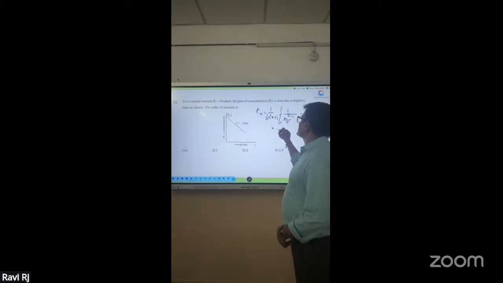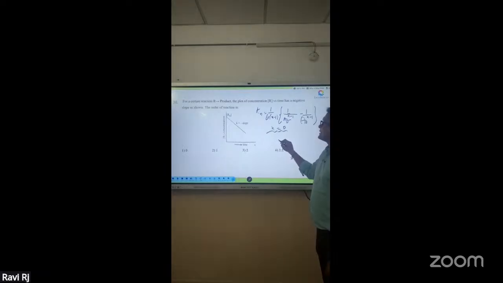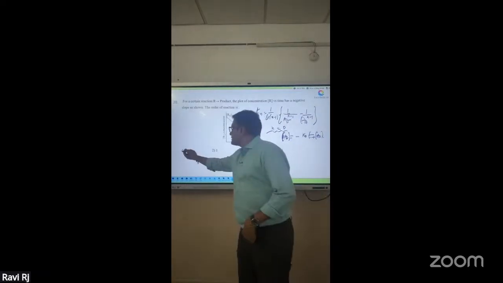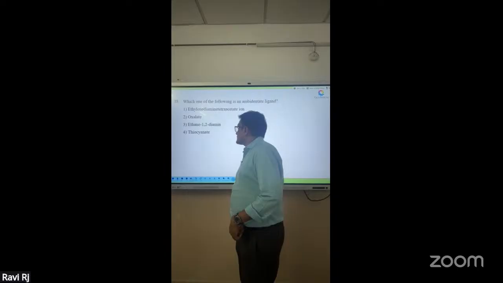So when I substitute n equal to 0 here, I'll be getting an equation for rate versus concentration, something like concentration, which you can write in terms of a t, is equal to minus k naught into t plus a naught. A straight line with negative slope for the zero order reaction.